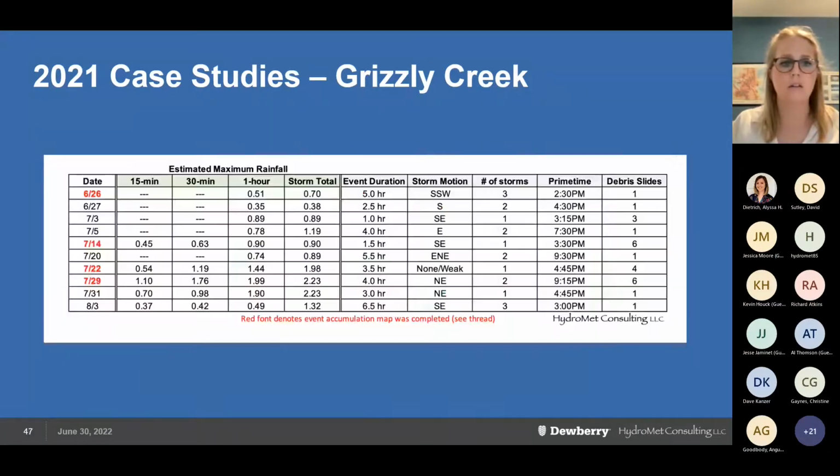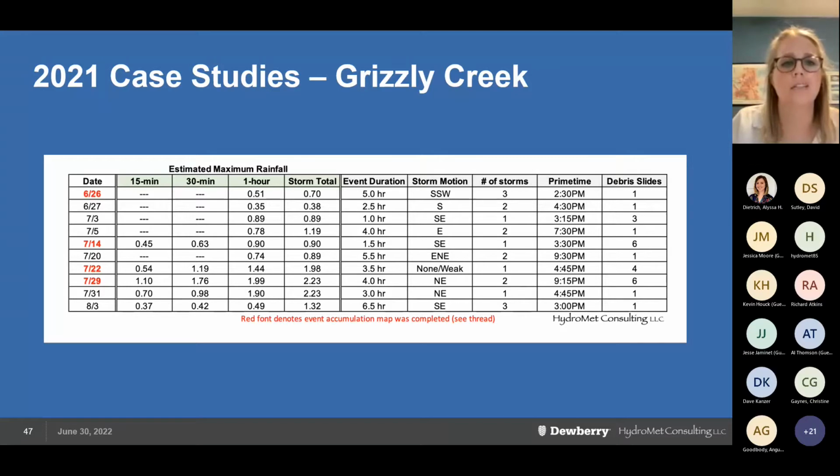So next slide. This, to the best of our knowledge, thanks to USGS and Jamie Kostelnick that helped us out with this, are the debris flows that happened over Grizzly Creek last year.